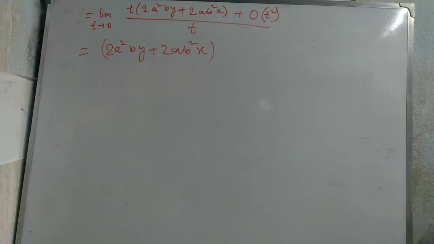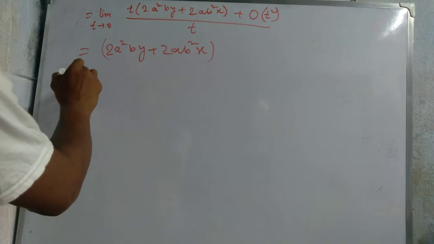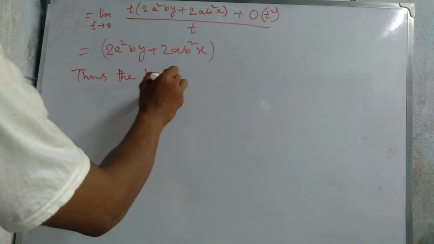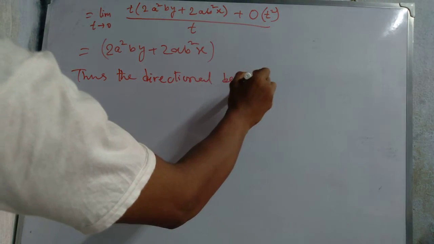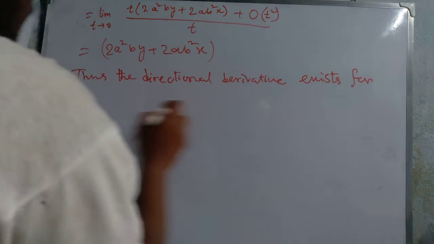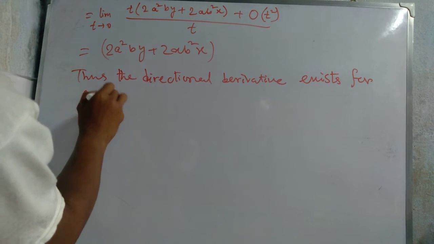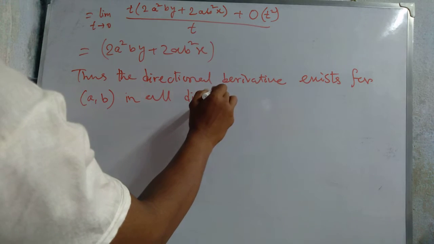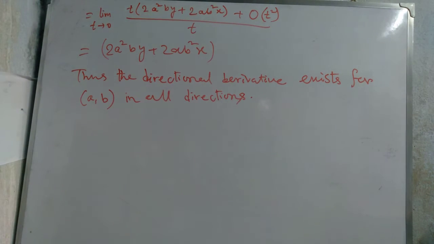So we write that the directional derivatives exist for the point (a, b) in all directions.